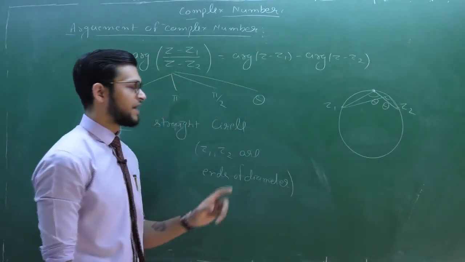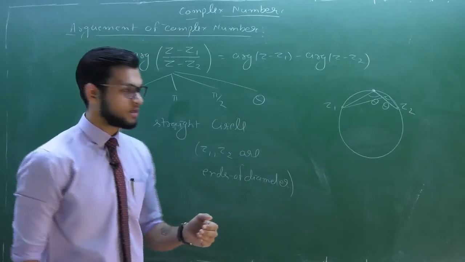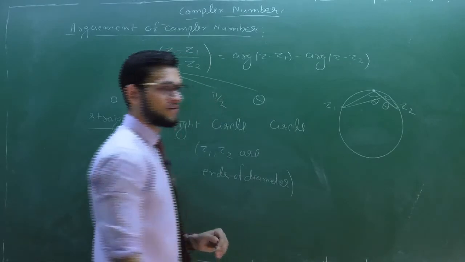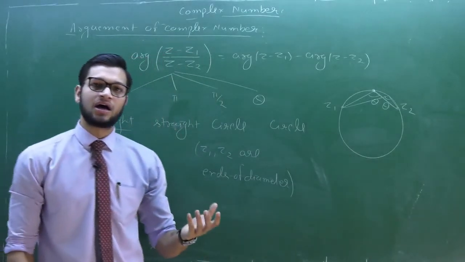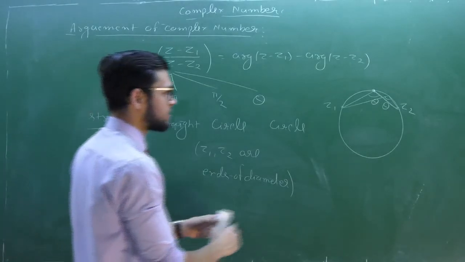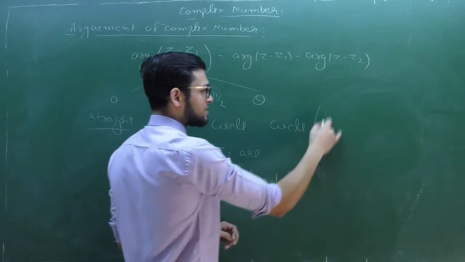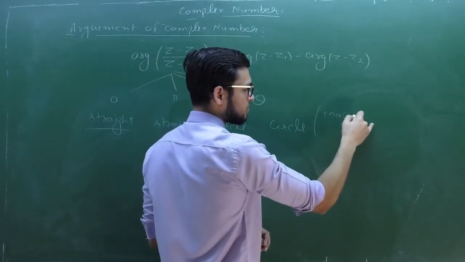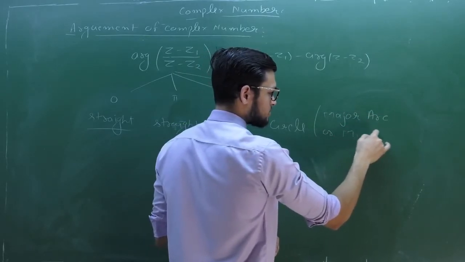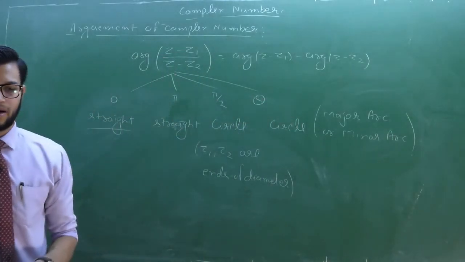So if argument of (z minus z1) upon (z minus z2) is equal to theta, then the locus will be a circle, where z1 and z2 are the ends of a major arc or a minor arc. Or, to write it more clearly, the locus will be a major arc or minor arc.